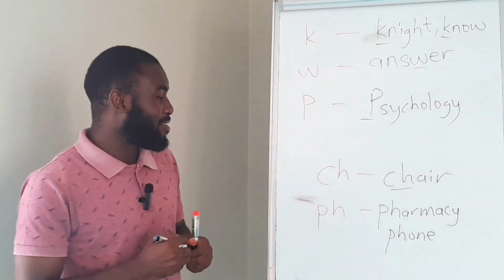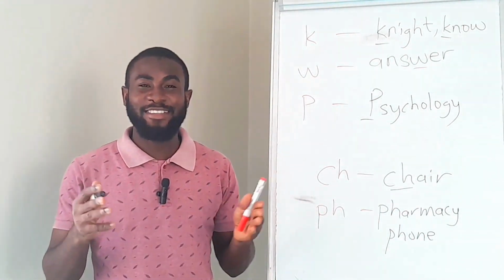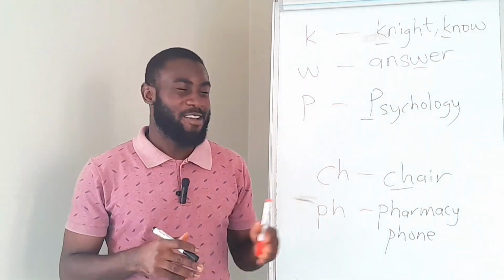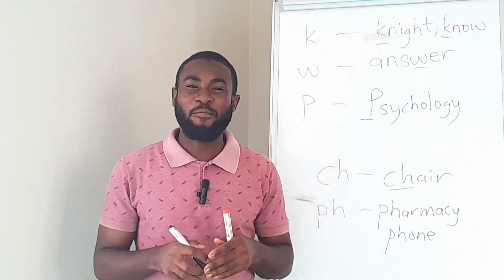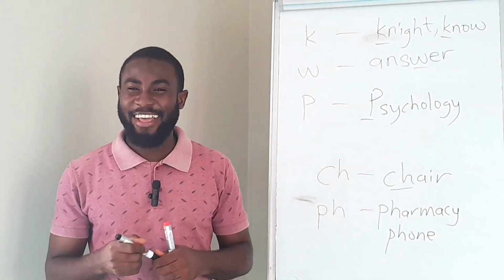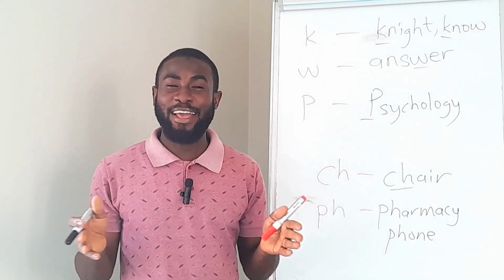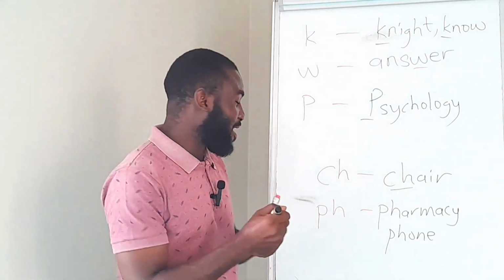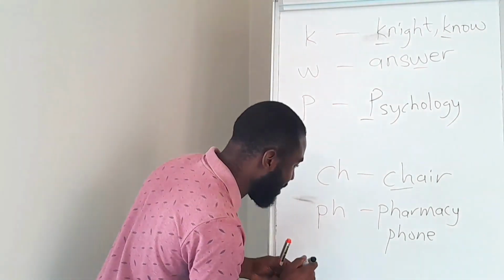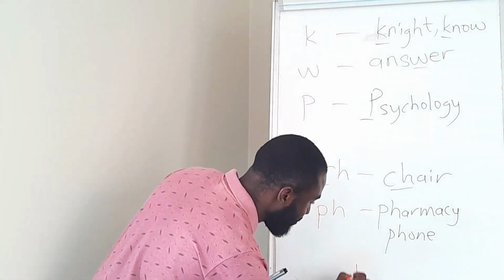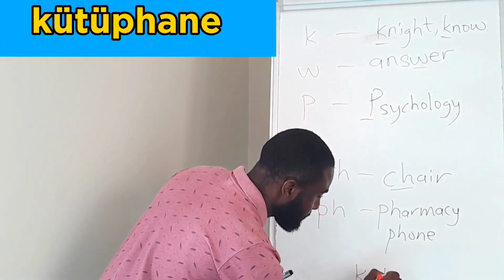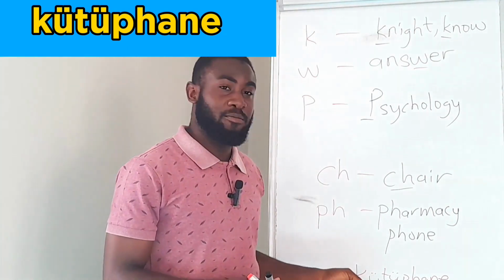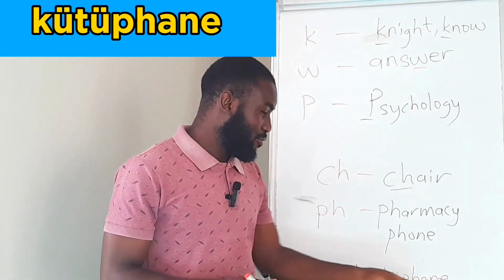I remember when we started learning Turkish, some of my mates used to pronounce this letter combination wrongly in Kütüphane. Kütüphane is a Turkish word that means library, and this is how it is written.